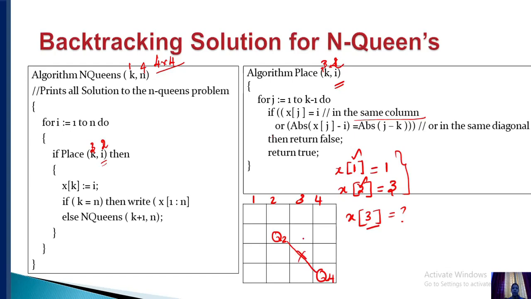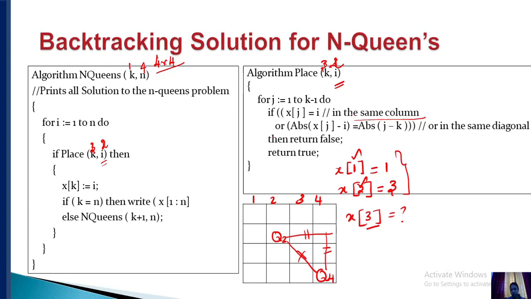So how will we find it? We know that if the horizontal distance and the vertical distance between these two queens are both the same, then we can find that they are in a diagonal position and we cannot place it in this particular position. So to check it, how are we going to check? That is the condition placed here. So what is the first condition?